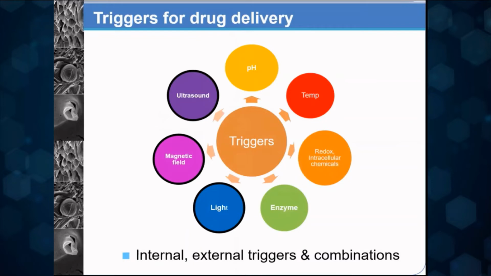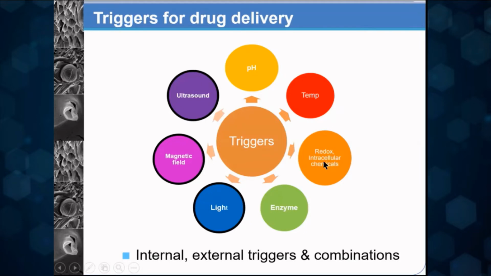Some of these triggers or stimuli that can be used for drug delivery are shown in this picture. You see here pH, temperature, redox state, enzyme levels, light, magnetic field, ultrasound. These have been put in bold because these are what we refer to as external triggers, whereas the ones on the right are your internal triggers.